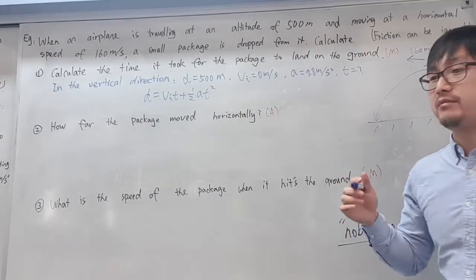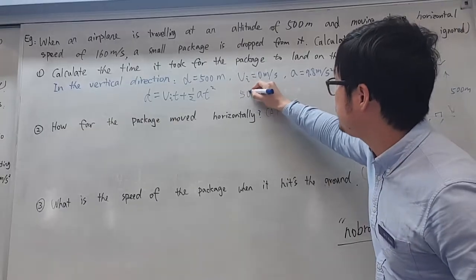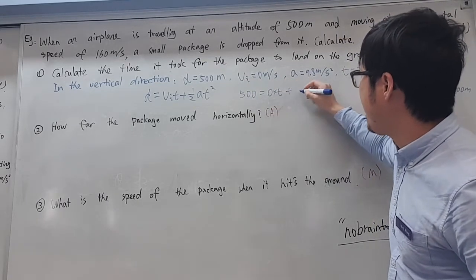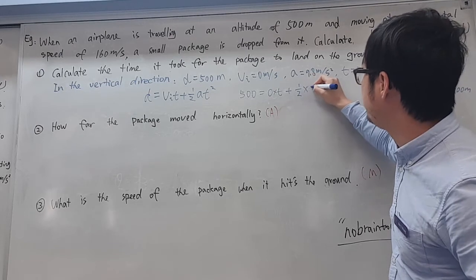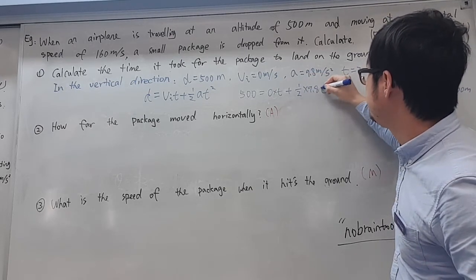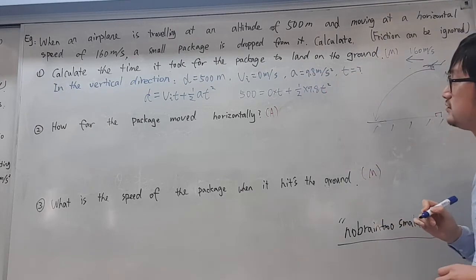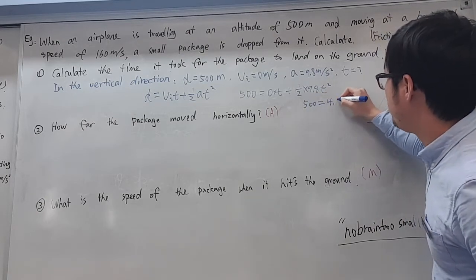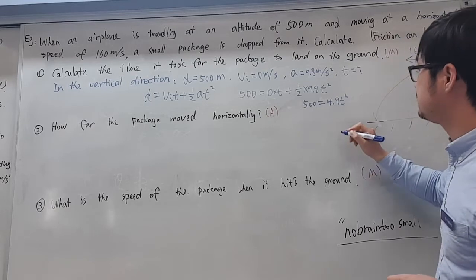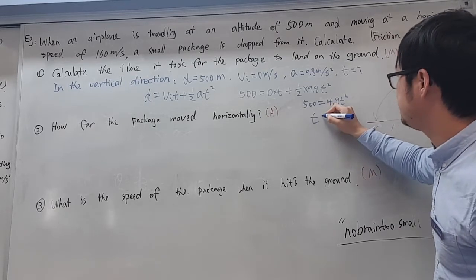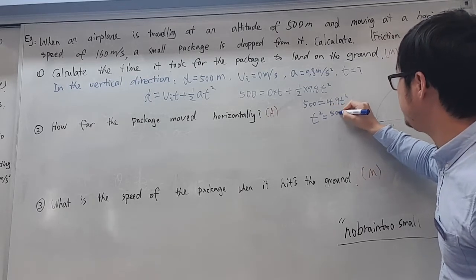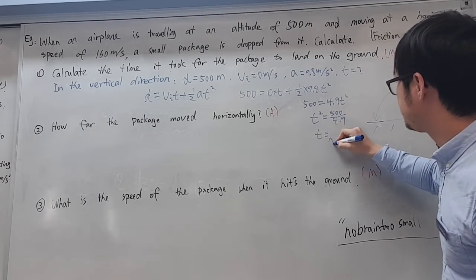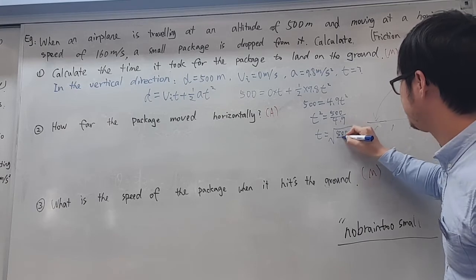Okay, and I can put the numbers in. Well, 500 equals 0 times T plus half times 9.8 T squared. So 500 equals 4.9 T squared. So T squared equals 500 divided by 4.9, and then T equals the square root of this.